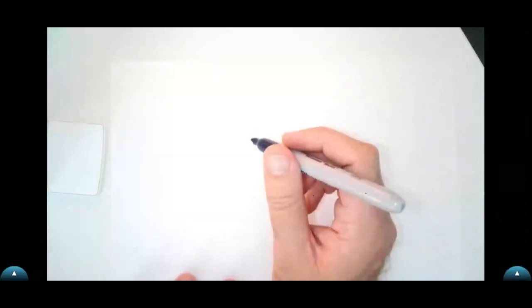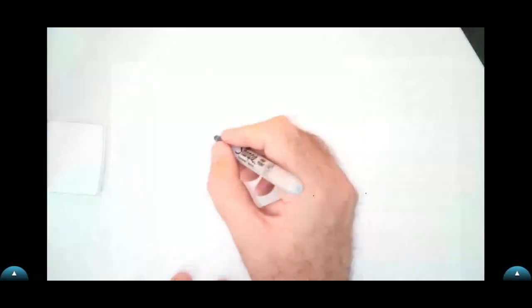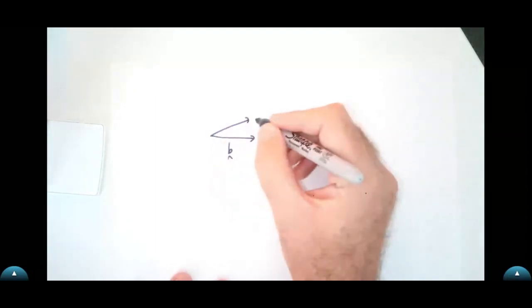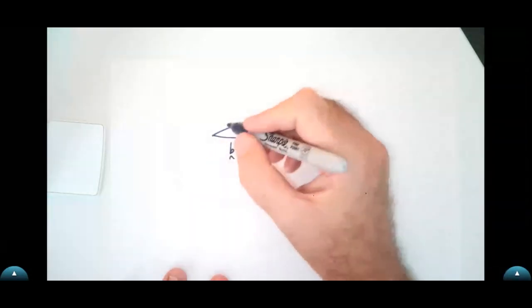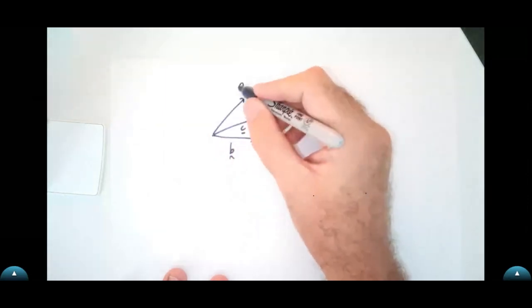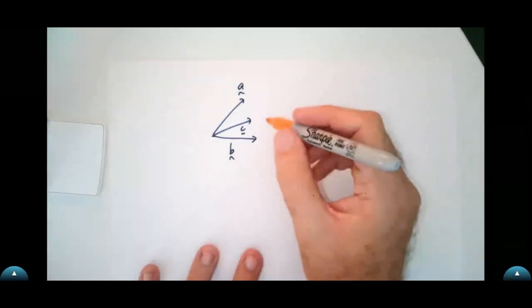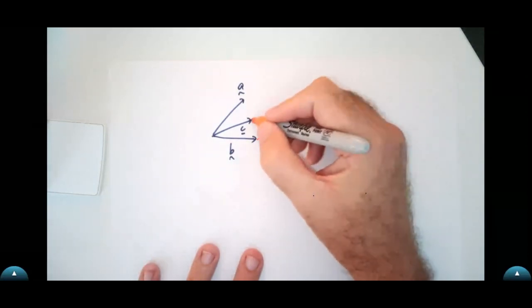So let's say I have a vector B, a vector C, and a vector A. So together they can form a parallelepiped, right?